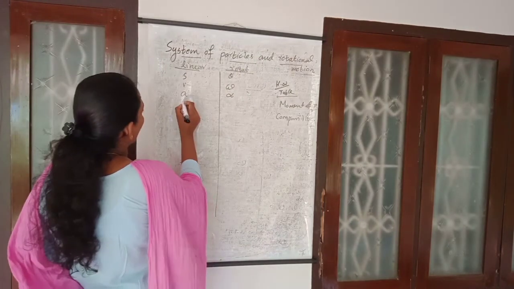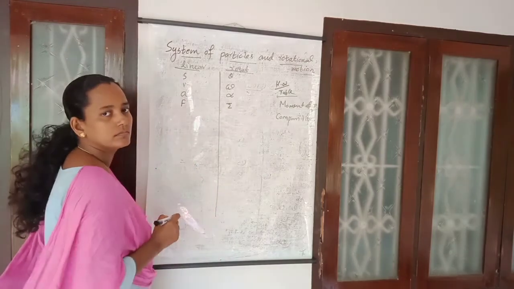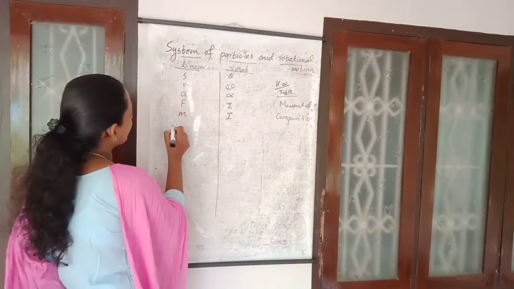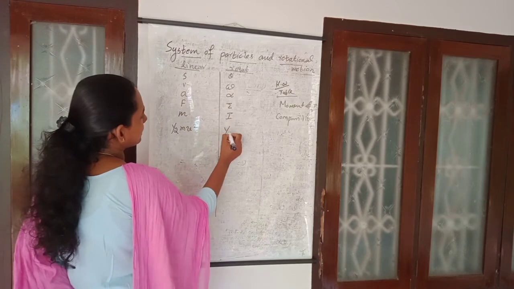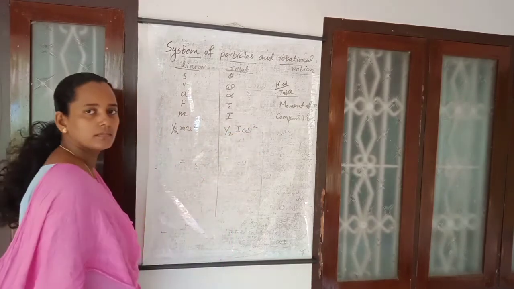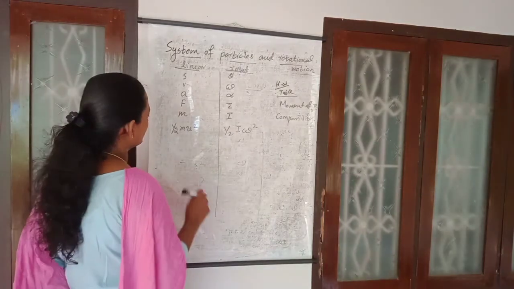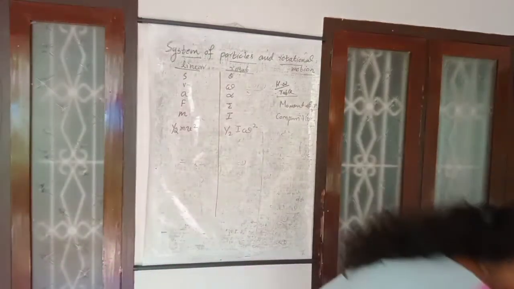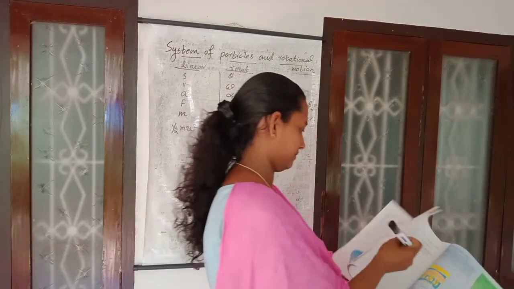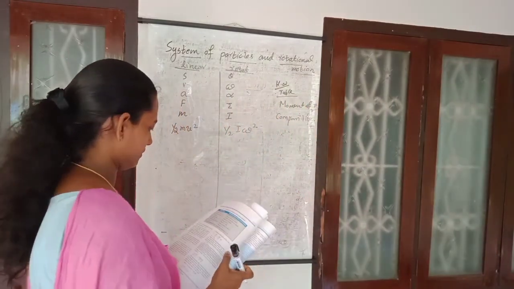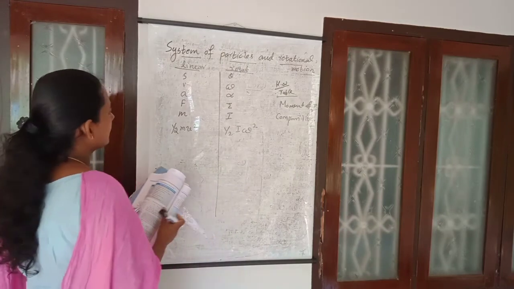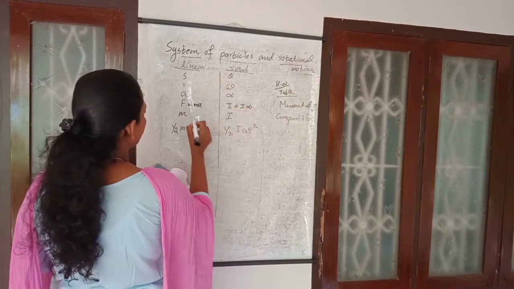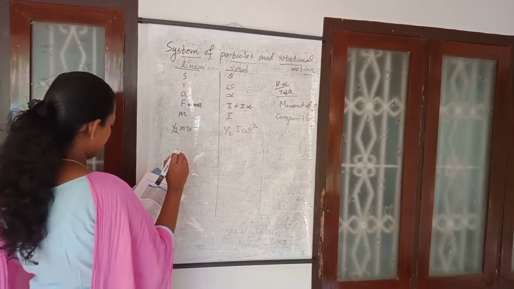And then force, here it is torque, and then mass, here it is moment of inertia, and kinetic energy is half m v square, and here it is half I omega square, and here the power P. Force it is ma, here the torque it is I alpha.